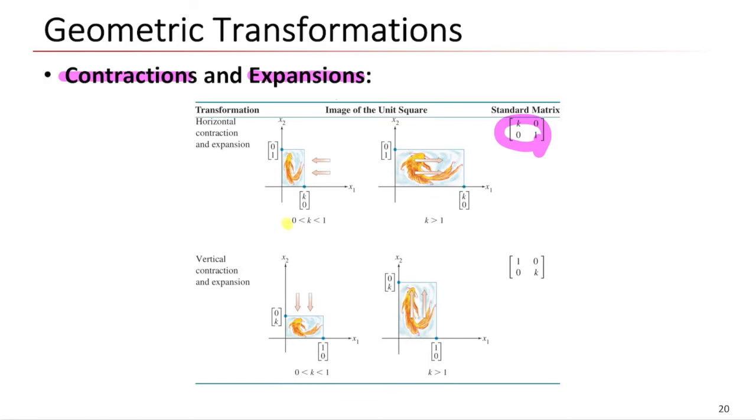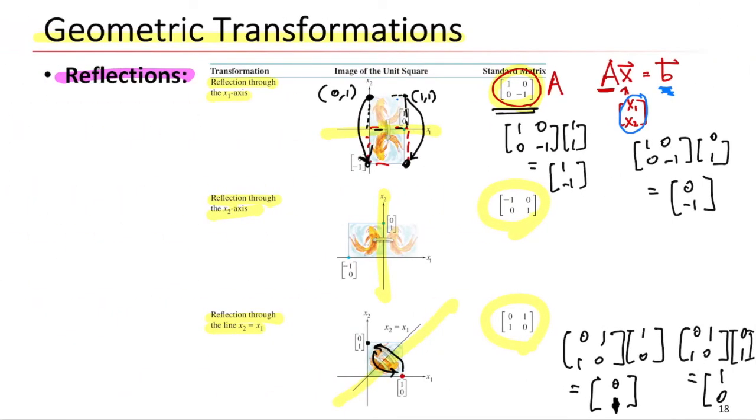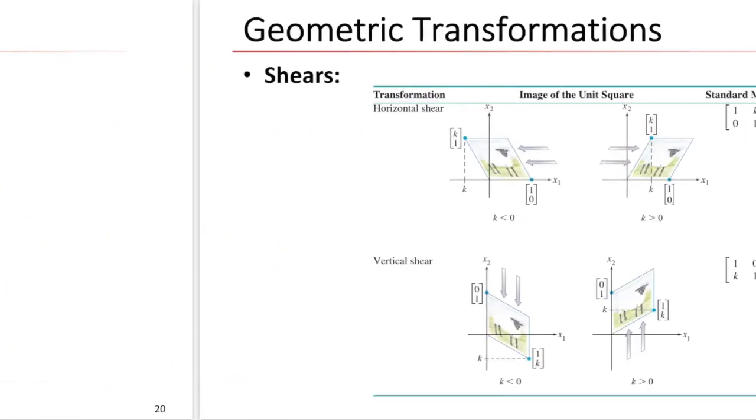If k is larger than 0 and less than 1, the shape of the output looks like this. If k is larger than 1, the shape will look like this. It shrinks or stretches the original 1 by 1 image, something like this and something like this, according to the k values. All these images start from this original image.